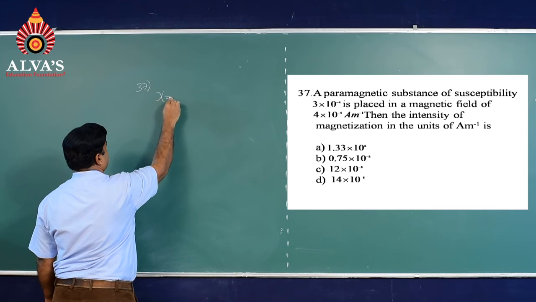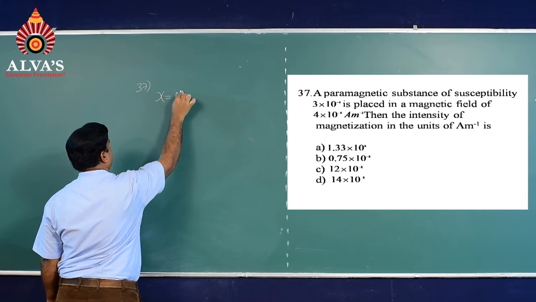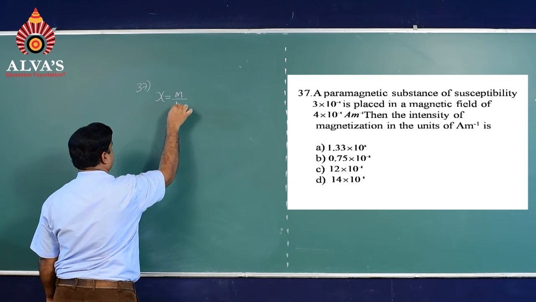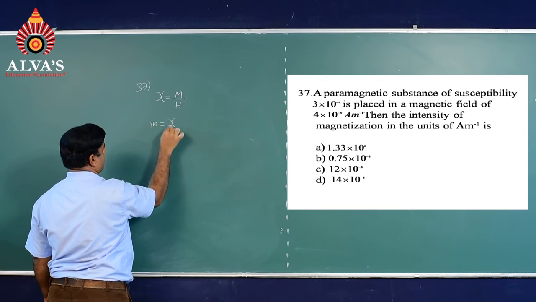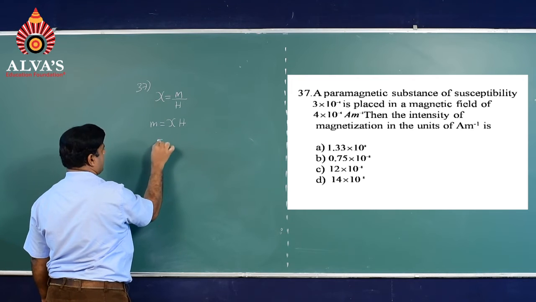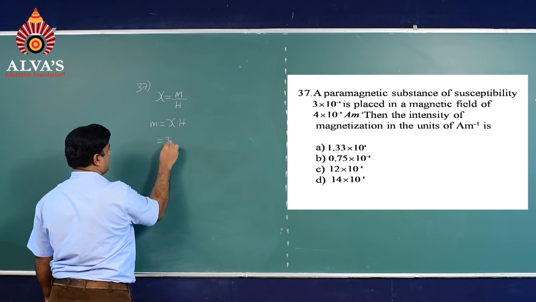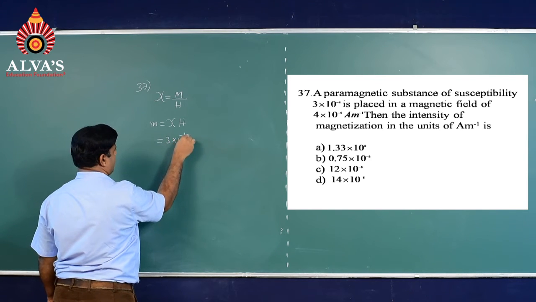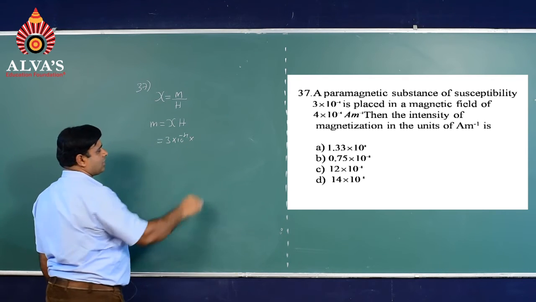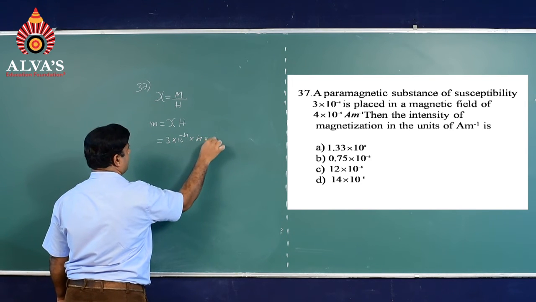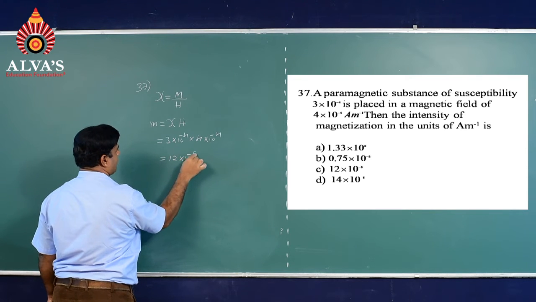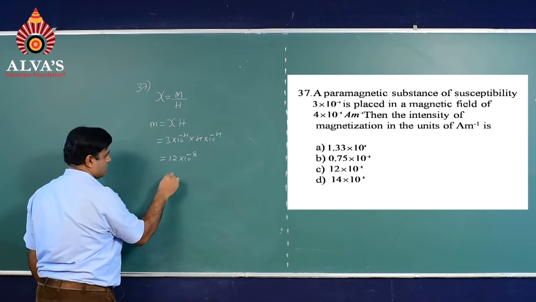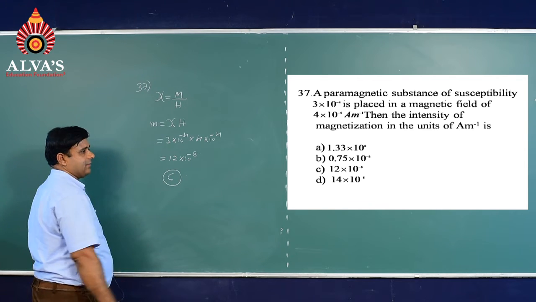Magnetic susceptibility is nothing but magnetization divided by magnetizing field. So, M equals chi multiplied by H. Chi is 3 into 10 to the power minus 4, H is 4 into 10 to the power minus 4, which gives 12 into 10 to the power minus 8. So, the answer should be C.